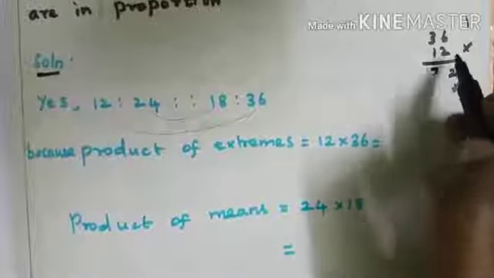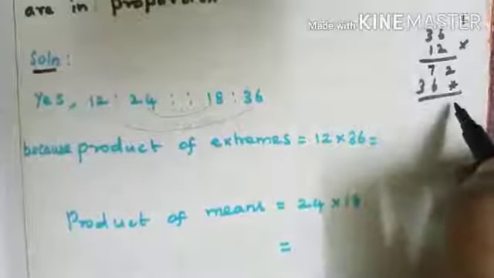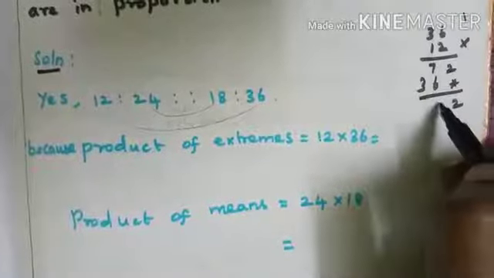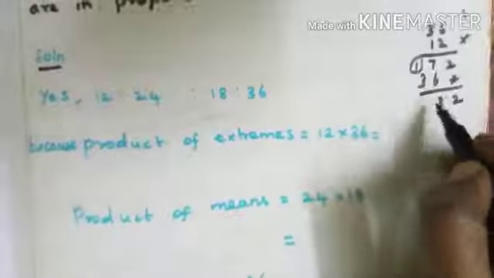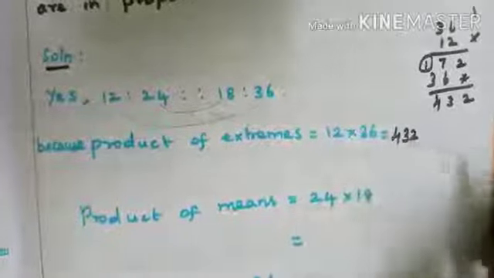We put a star. 6 1 is 6 and 3 1 is 3. When we add, here 2, and 7 plus 6 is 13 and 1 left over. So here we get 4. Therefore that is equal to 432.